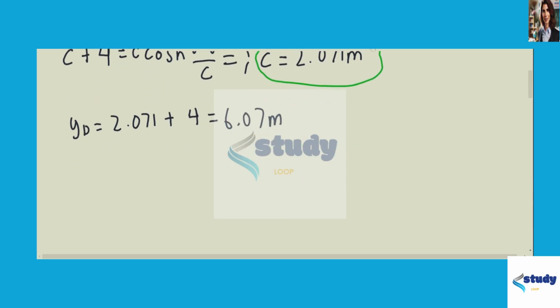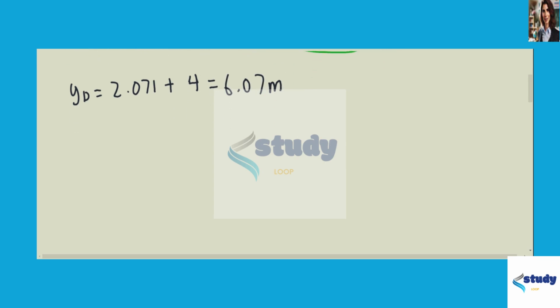Now to solve for the force, this force is equal to the weight per unit length times the length y of D. And we can get the weight per unit length by taking the mass per unit length and multiplying it by the acceleration due to gravity.